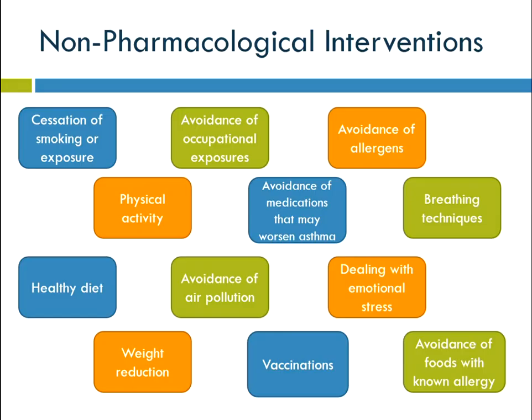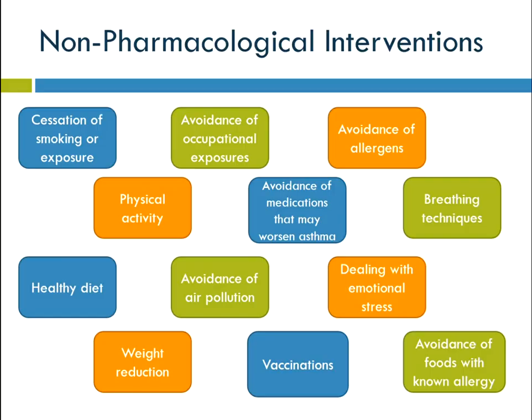Alright, then we get to non-pharm. What part of the note does this go with? Non-pharm options. It goes in assessment. Okay, all options go in assessment. Medication treatment options go in assessment.